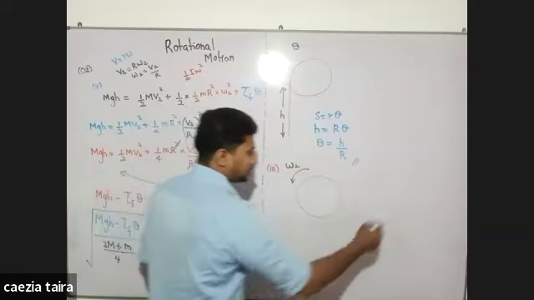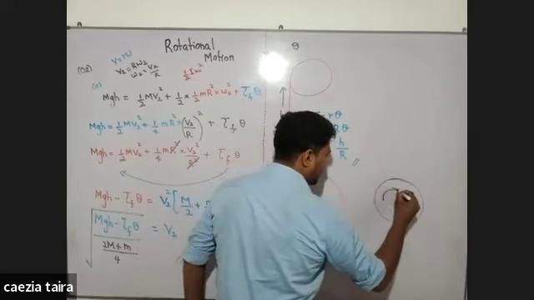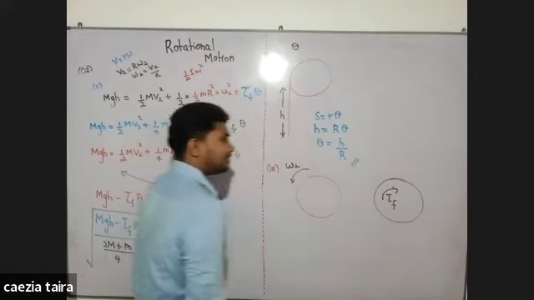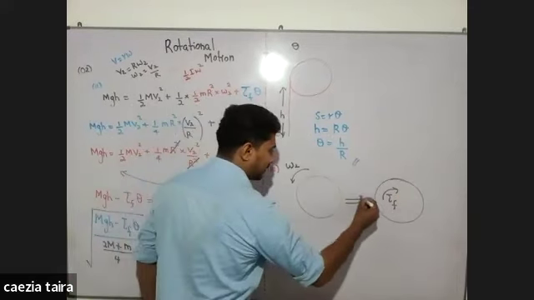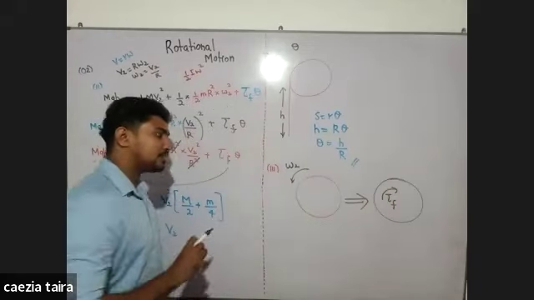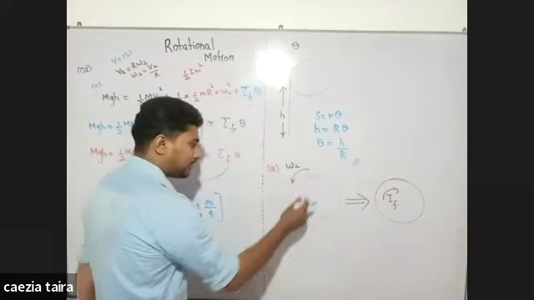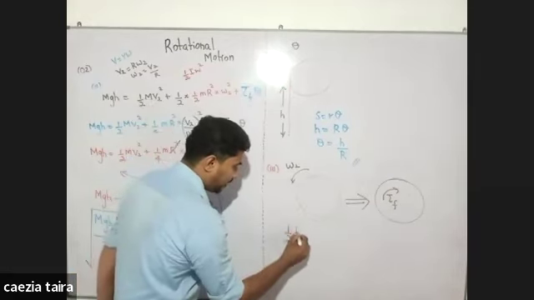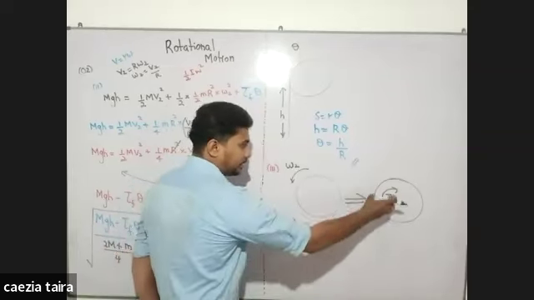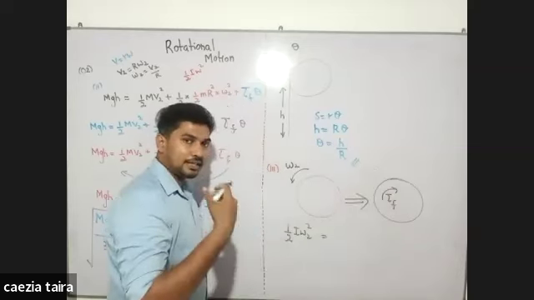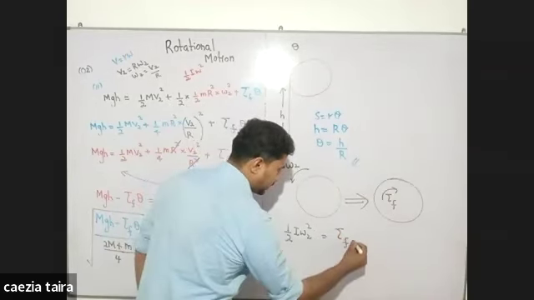Due to the applied frictional torque, the pulley comes to rest. Taking the energy conservation law, the energy here is half I omega 2 squared, which is used as work against the frictional torque.